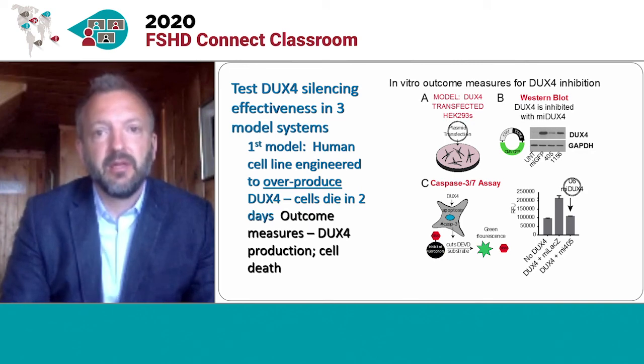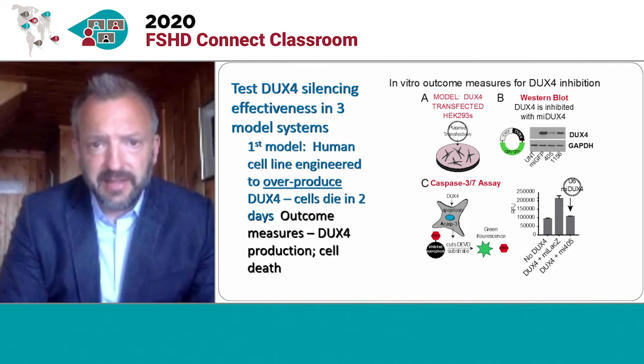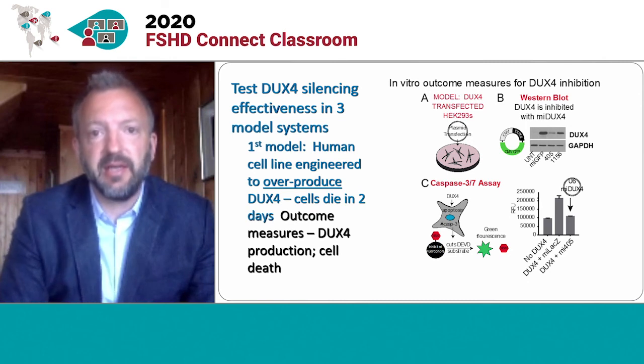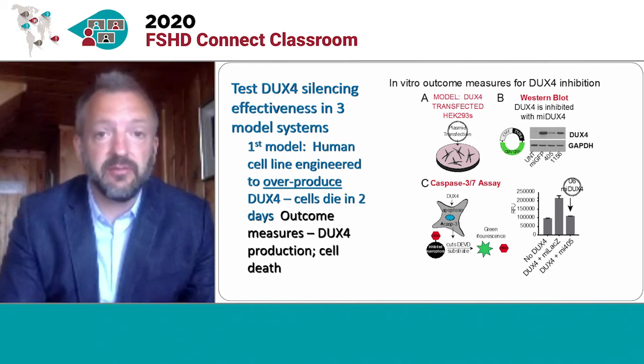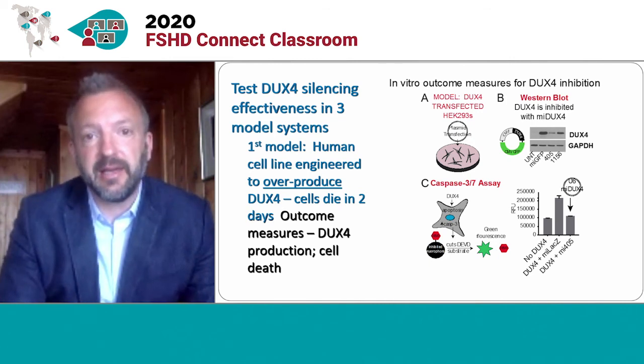So in this case, at the top in part A, we take what's called a plasmid, which is a piece of circular DNA that expresses DUX4. We can put that inside human cells that normally don't express DUX4, and then turn it on. And then, like I said, within 2 days, those cells will express the DUX4 protein, and if they do, then they'll die.